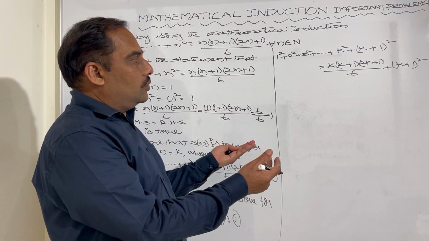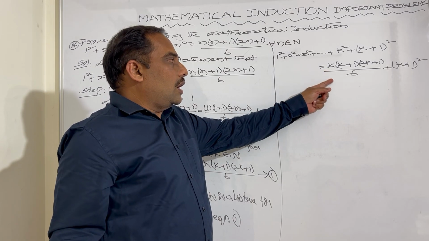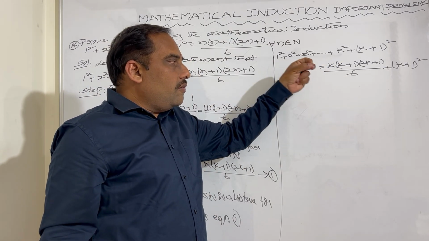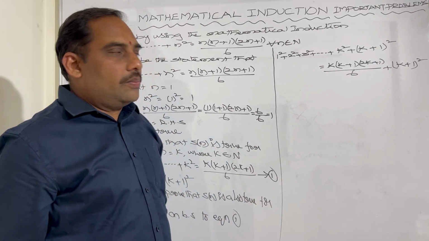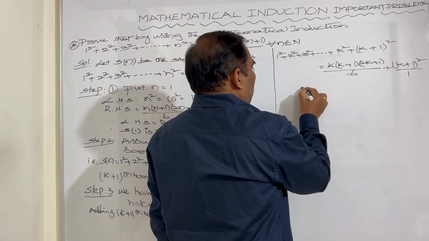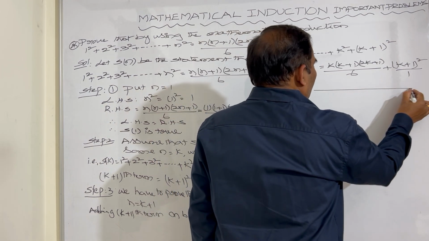It is enough to prove that, on the right hand side of the condition, every term must be in terms of k plus 1. Now simplifying the right hand side by taking the LCM 6 here.